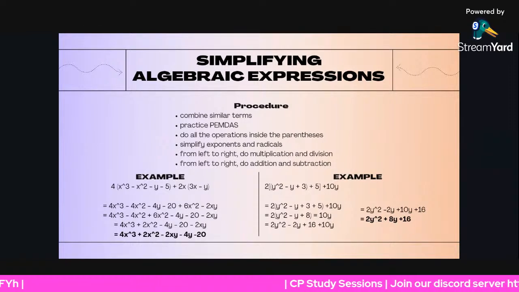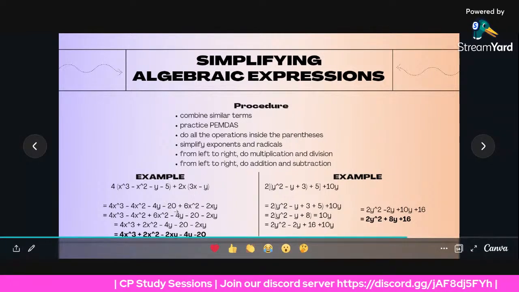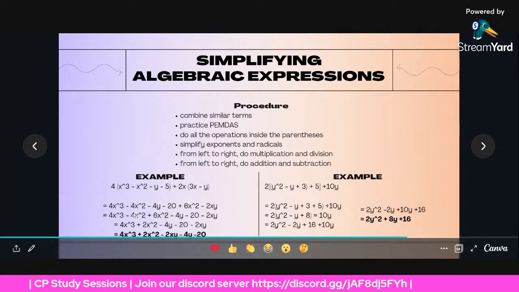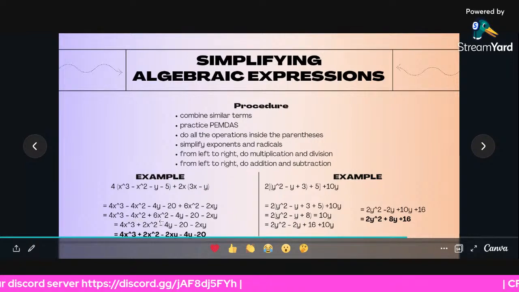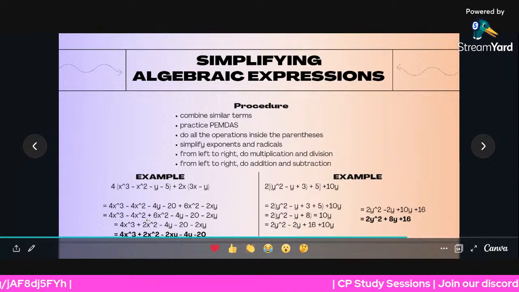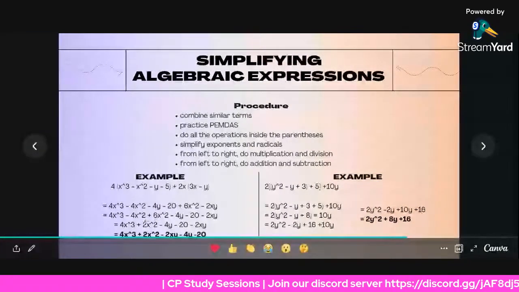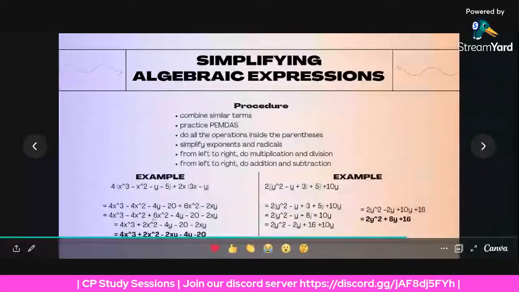So, kaya nawala yung 6x squared dito is pinag-combine na natin siya sa negative 4x squared. Kita nyo, parehas sila ng variable, which is x, and parehas ng exponent, yung variable na x, which is 2.